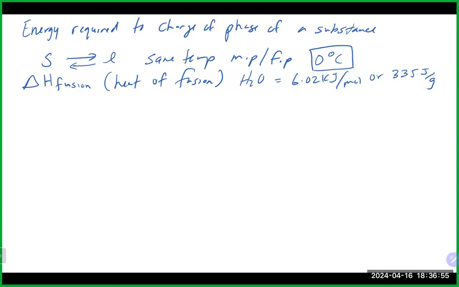So if the ice cube picks up energy, is that going to be exothermic or endothermic? It is endothermic, right? So going from solid to liquid would be positive 335 joules per gram. If I feel bad about my melted ice cube and I have liquid water, I can do an exothermic process, like throw it back into the freezer, and it would be minus 335 joules per gram.